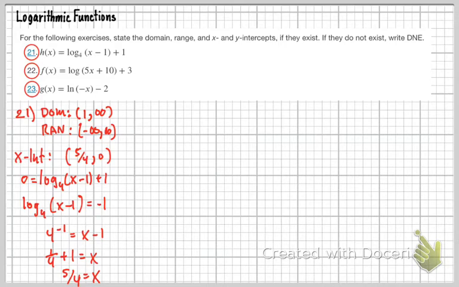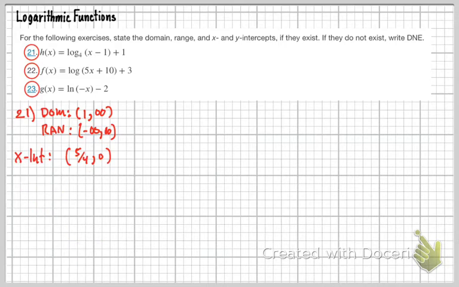Now let's talk about the y-intercept. For the y-intercept, my x has to be 0. That just simply means I have y equals, for my h of x, log base 4 of (0 minus 1) plus 1.